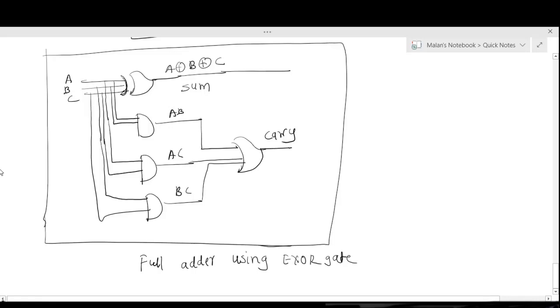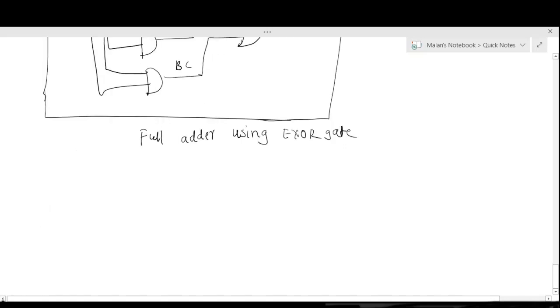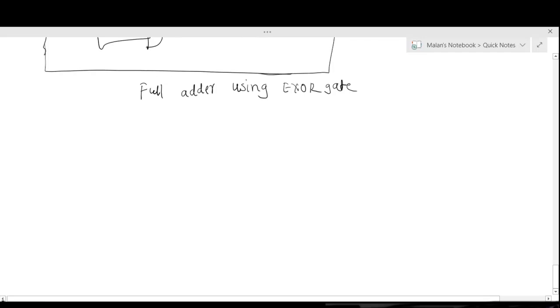When we want to implement the full adder using two half adders, at that time we can go for minimization of the carry expression.